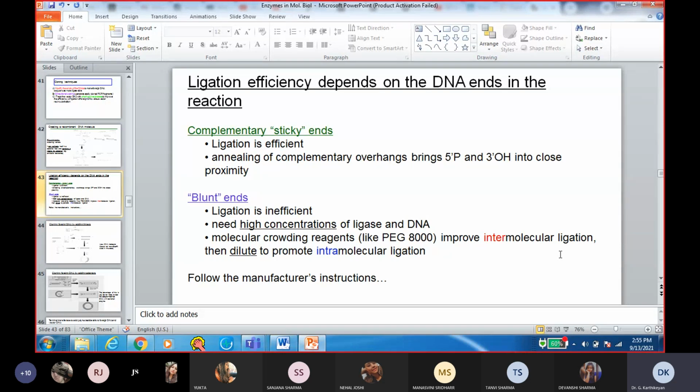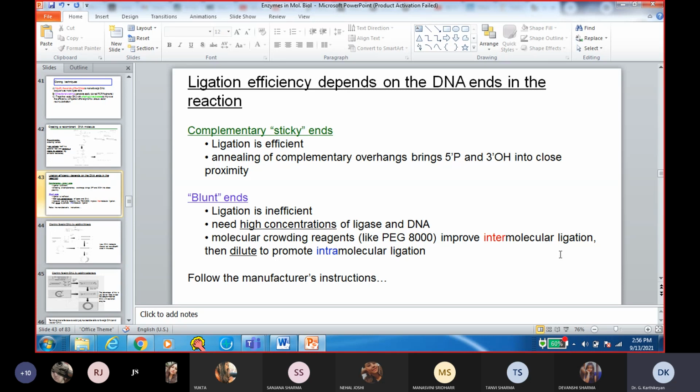They crowd the space, and so even in a dilute solution, the probability of the vector and the DNA coming together increases because PEG tends to occupy a lot more space. These are called molecular crowding reagents. So they enhance the probability of the vector, the plasmid DNA and the foreign DNA coming together. And then you dilute this, and then you do a transformation.